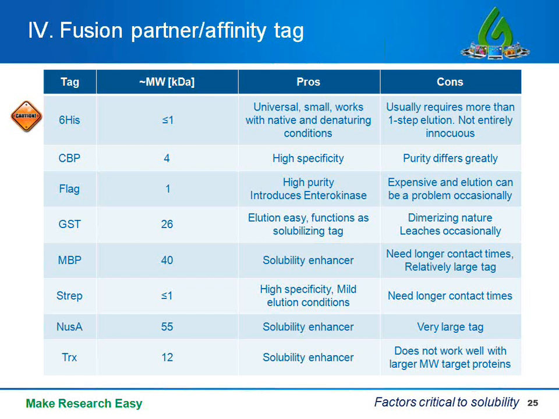Now you'll see that I put a caution beside the His tag because while it's quite universally used as an affinity tag, the His tag is not as innocuous as some would think. The His tag can affect expression levels, protein solubility, activity, stability, and even structure and function of your target protein.